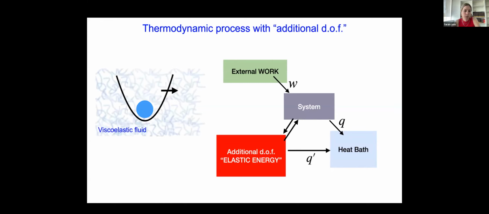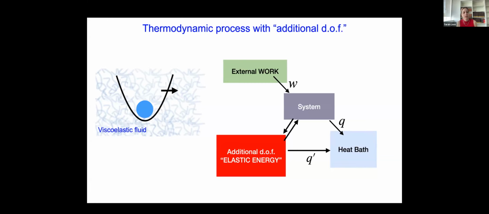Now, if we think about this process in the presence of such a viscoelastic fluid, then the situation is a bit more complicated. So these additional degrees of freedom can serve as a transient energy storage because they can store elastic energy, if you like. So in this case, for example, this fluid has this microstructure that is similar to a net or an elastic network.